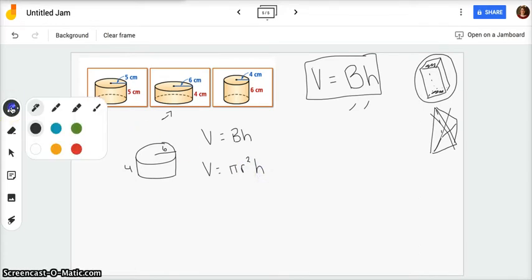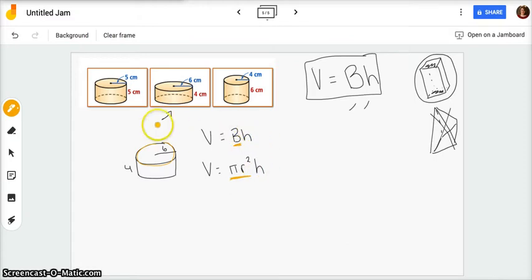Now we're going to take a moment here and analyze these, because remember the capital B stood for area of the base. Well, what is the base in this situation, everybody? It's a circle. So this right here, pi radius squared, is the area of the base. So that's why these 2 are the same thing. So pi radius squared is the area of my base, and this capital B represents the area of the base.